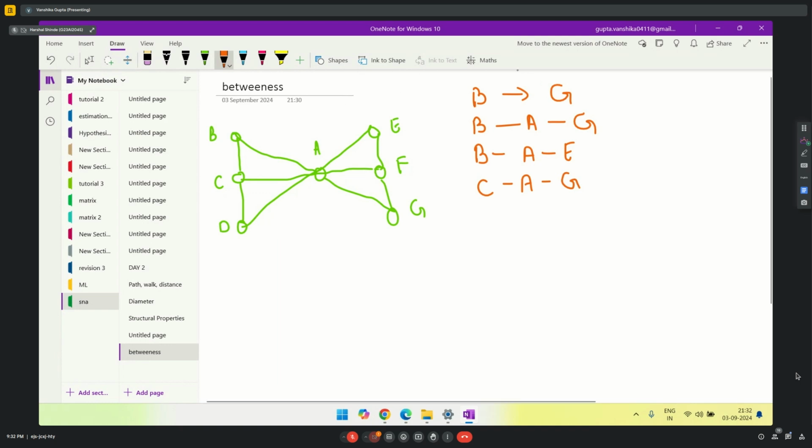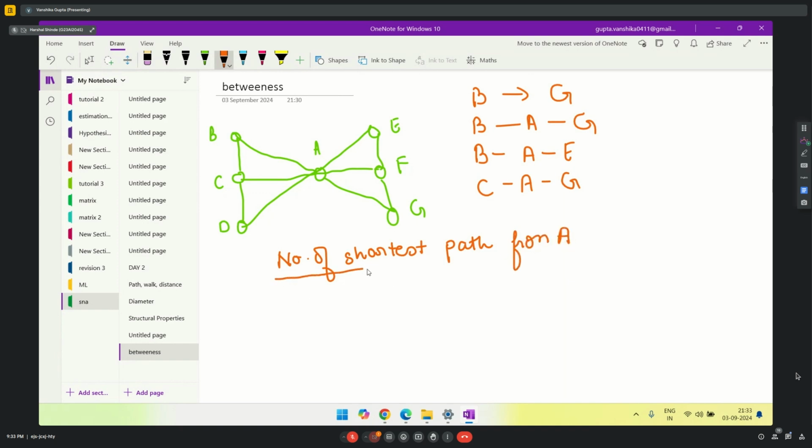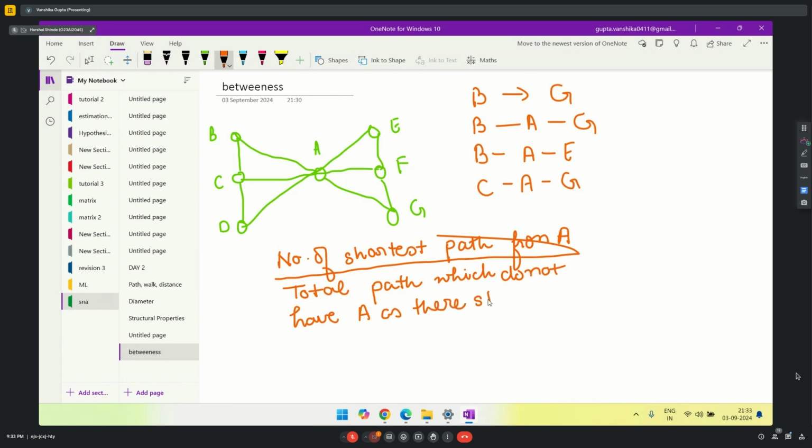So we can calculate this betweenness using a formula, that is the number of shortest paths from A divided by total paths which do not have A as their start or end point.